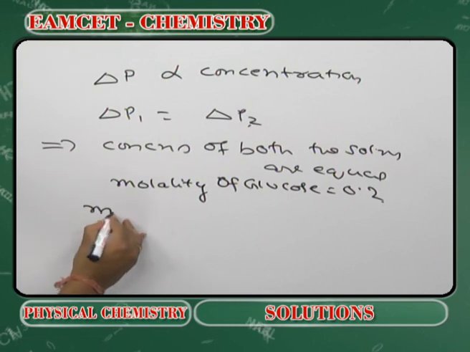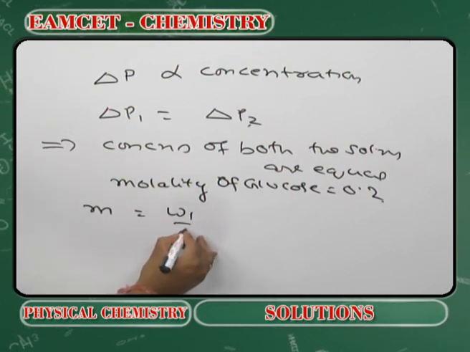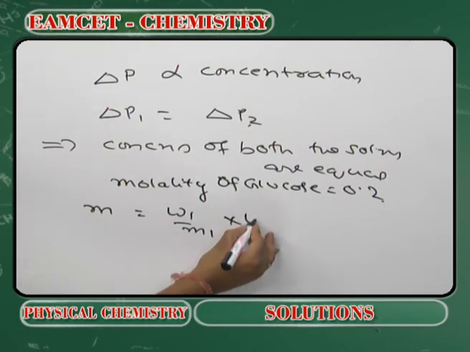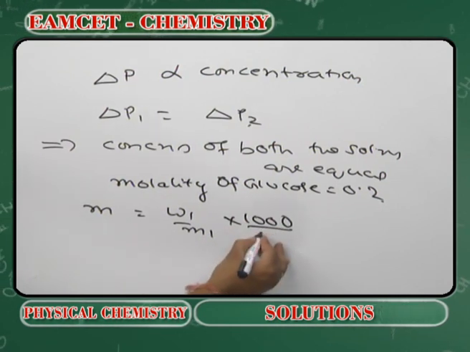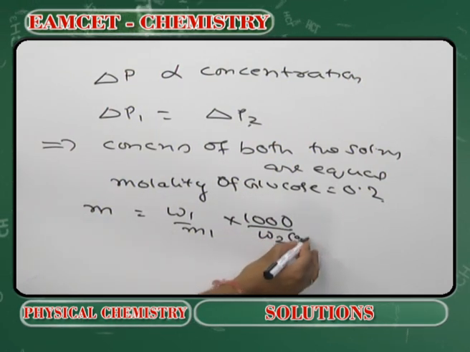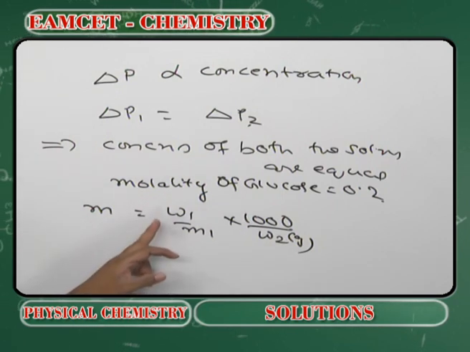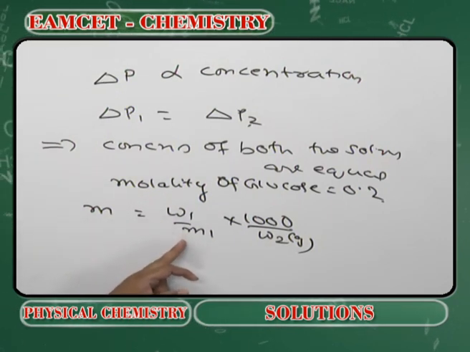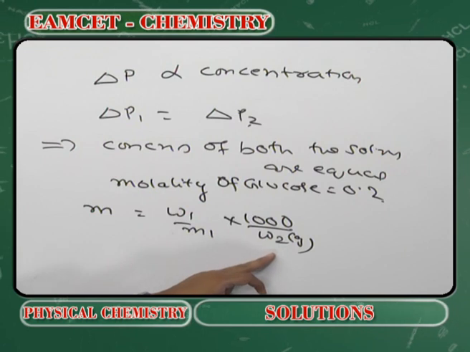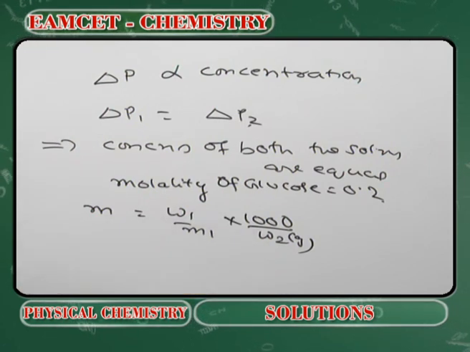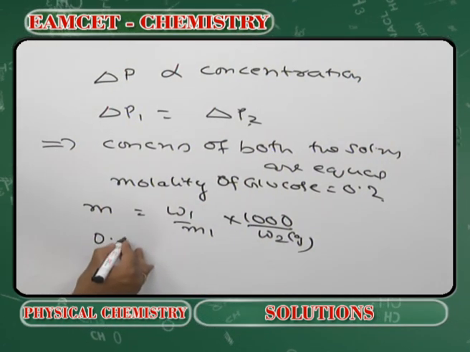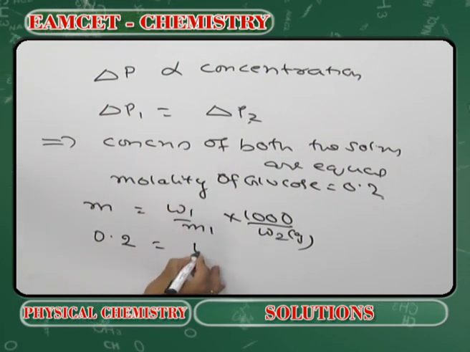What is the expression for molality? W1 by M1 into 1000 by W2 in grams. W1 stands for the weight of the solute, M1 the molecular weight of the solute, W2 the weight of the solvent. Now the molality is 0.2, and W1 is to be found out.